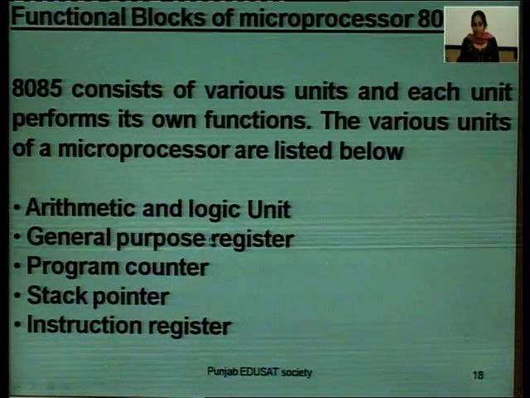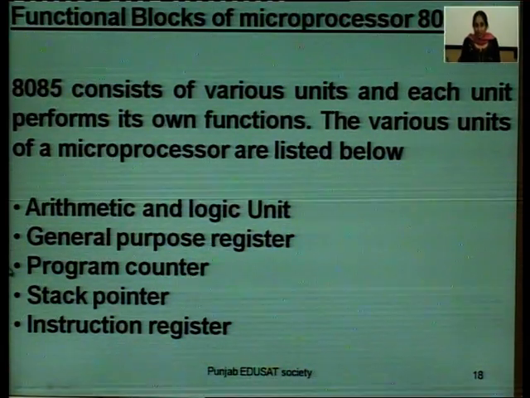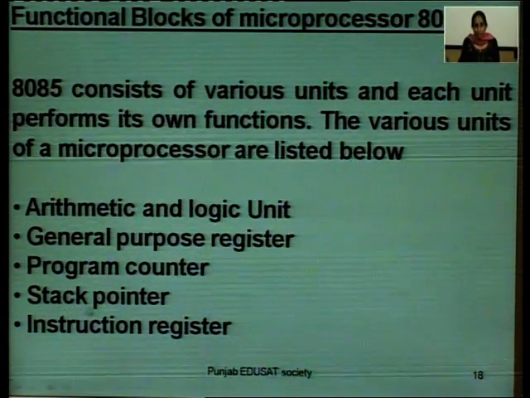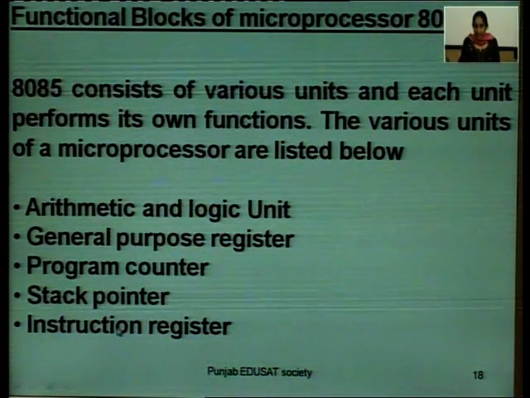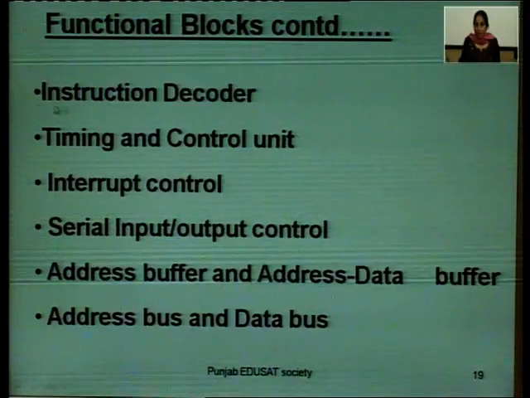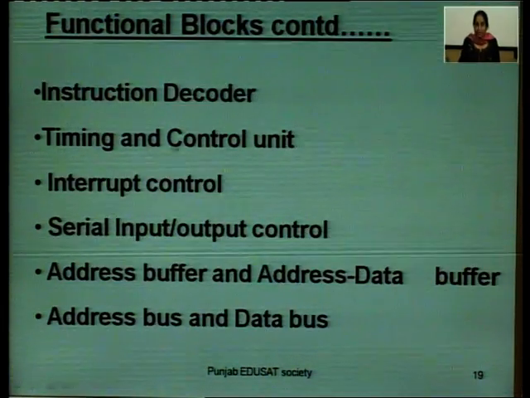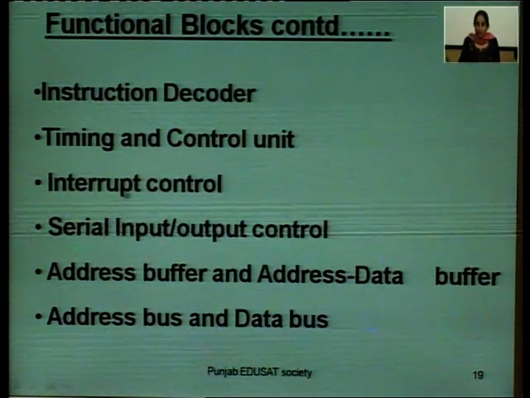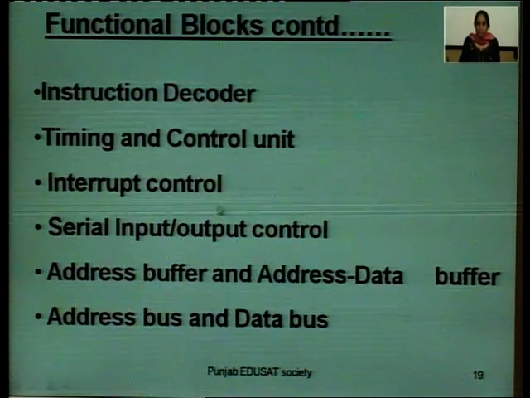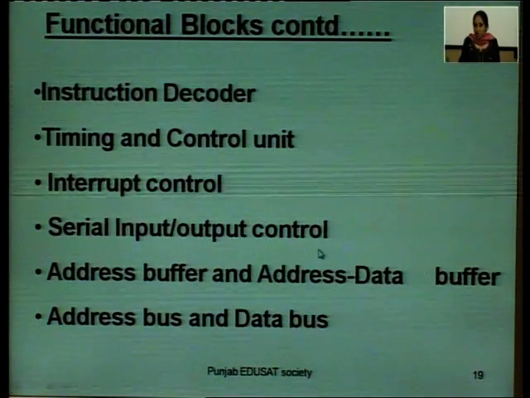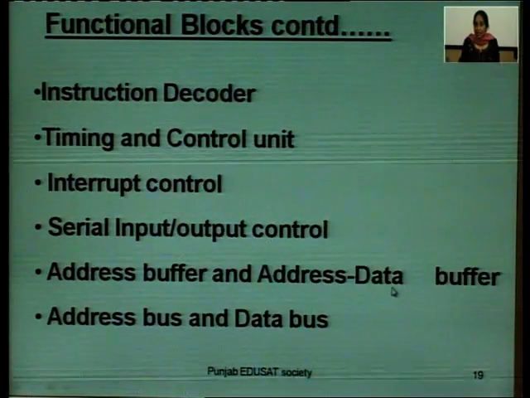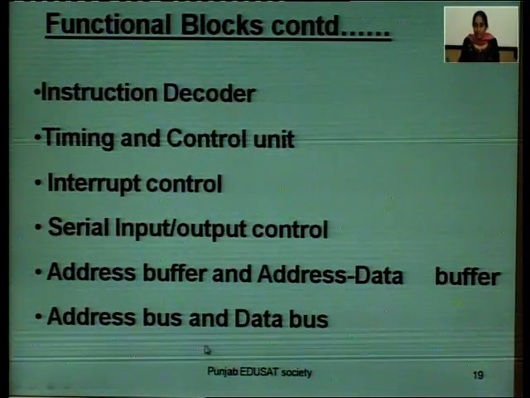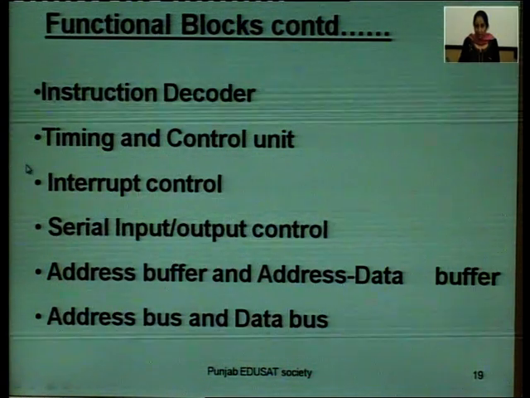We have 6 general purpose registers. Then program counter and stack pointer. These are the 2 special purpose registers. After that, instruction register, instruction decoder, timing and control unit, then interrupt control, serial input output control, address buffer and address data buffer, address bus and data bus.